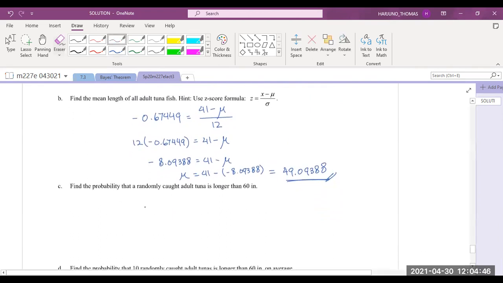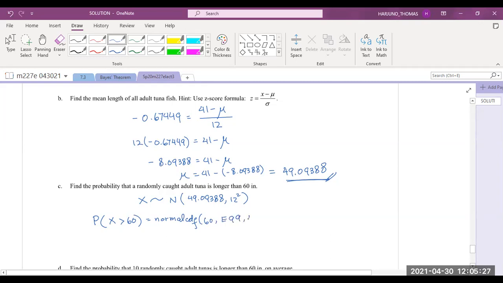Now, at this point, we already see that X, the tuna length, is normally distributed with mean 49.09388 with standard deviation 12. Now find the probability that a randomly caught adult tuna is longer than 60 inches. That's normal CDF, 60, E99.